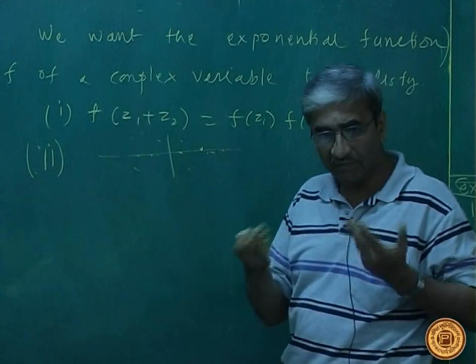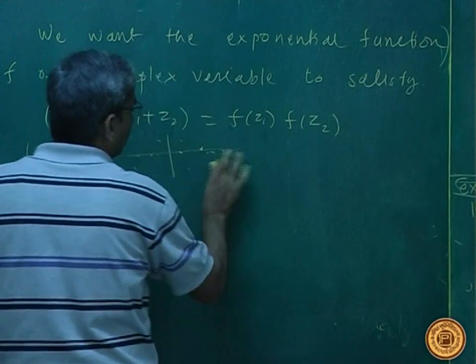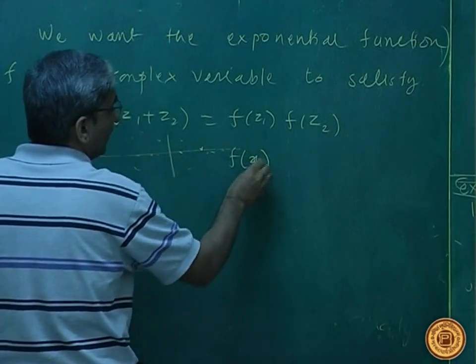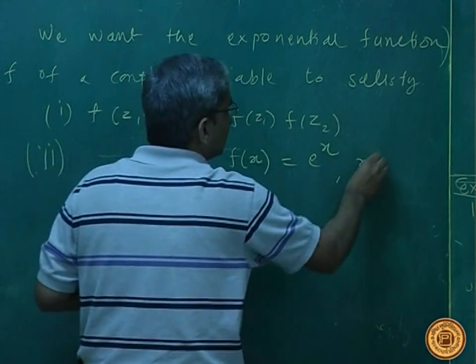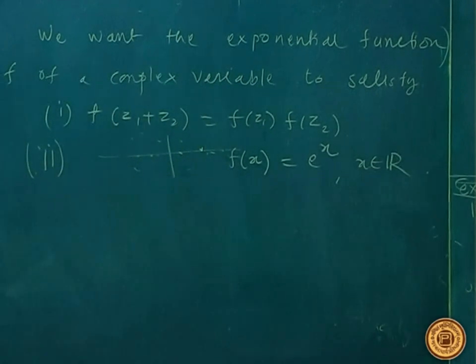So we should get back e to the power x again. This means the function f of z, or f of x where x is real, is our original e to the power x when x is real. We want f of x to be e to the power x when x is real.